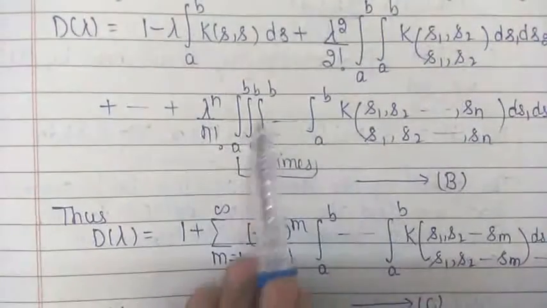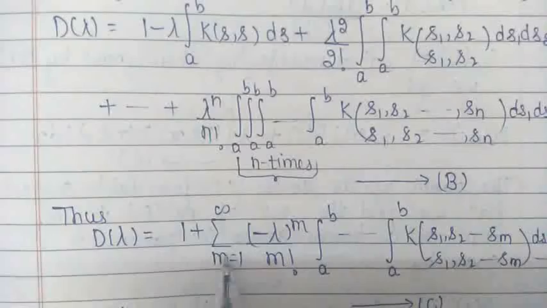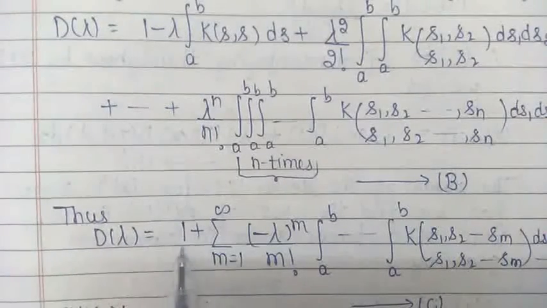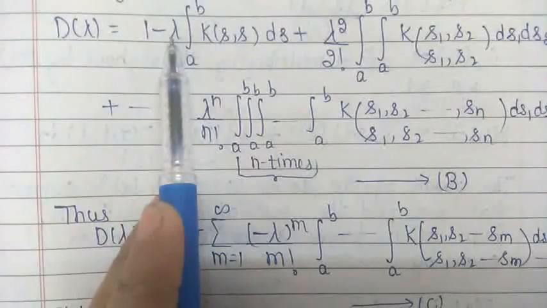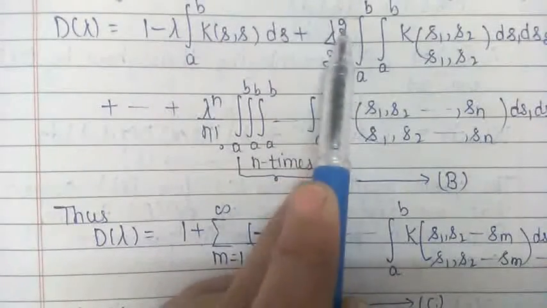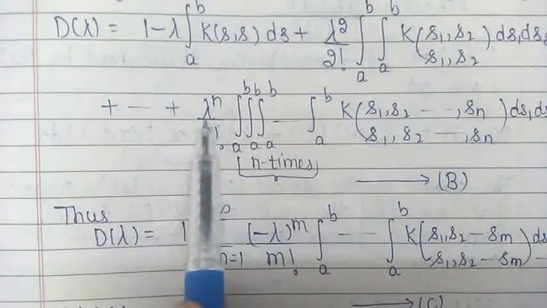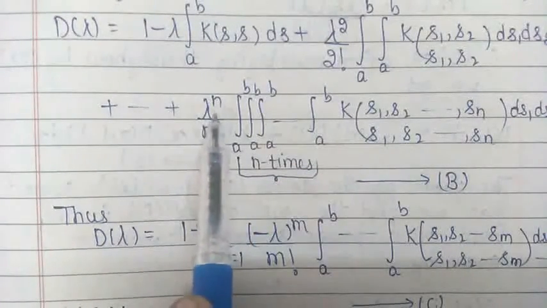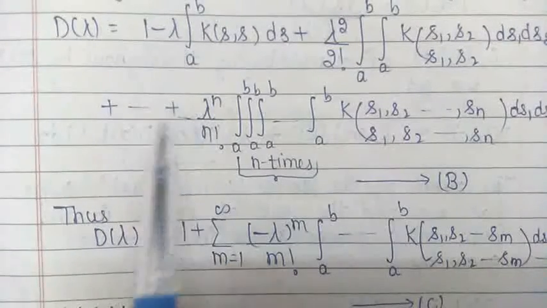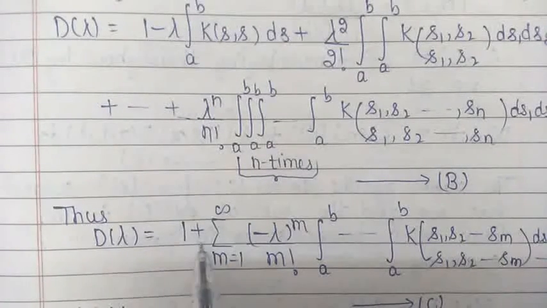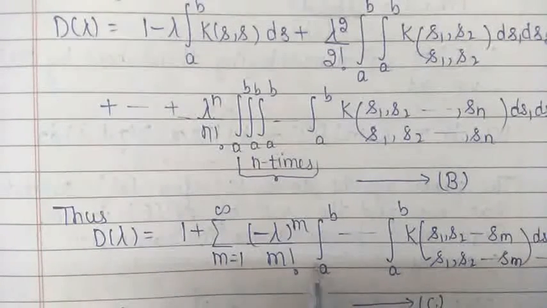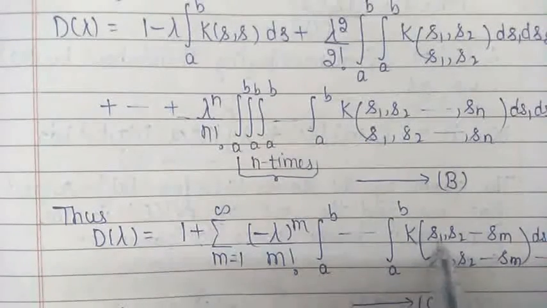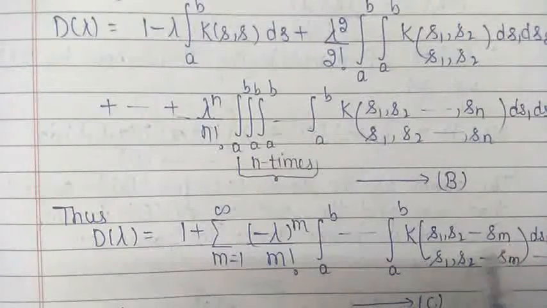We can write this term in the form of summation also. So D(lambda) is equal to 1 plus, because here we are having minus lambda raised to the power 1, here minus lambda raised to the power 2, here we are having lambda raised to the power n. So we can write in general 1 plus summation m varies from 1 to infinity (minus lambda) raised to the power m divided by m factorial into the integrals K(s1, s2, s3, ..., sm) in the first row.